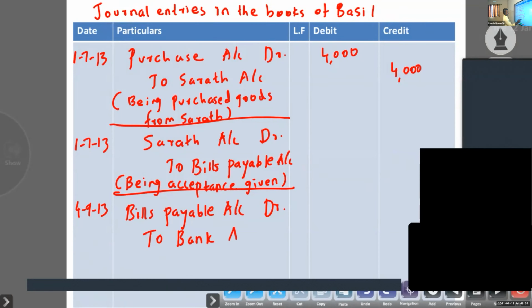Yes, to bank account, to rebate account. Already we calculated.